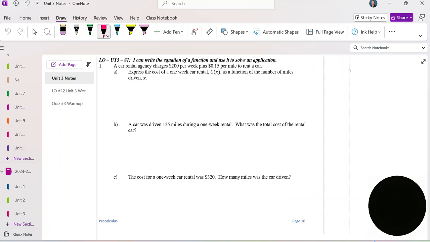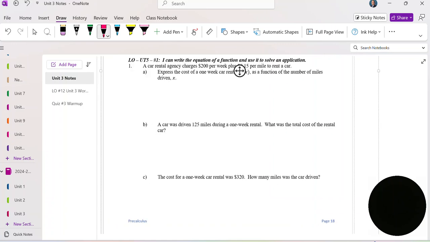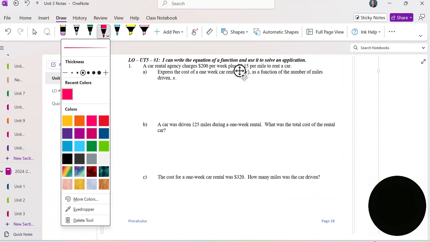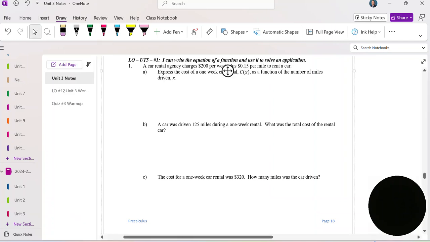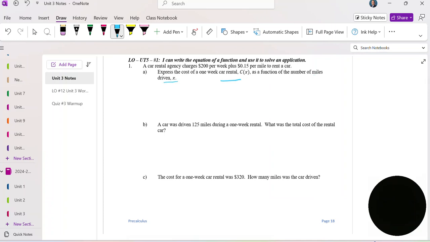So the first one, a car rental agency charges $200 per week plus 15 cents per mile to rent a car. It says express the cost of 1 week car rental, C of X, so the cost is the Y, as a function of the number of miles driven X, so that's the independent variable.